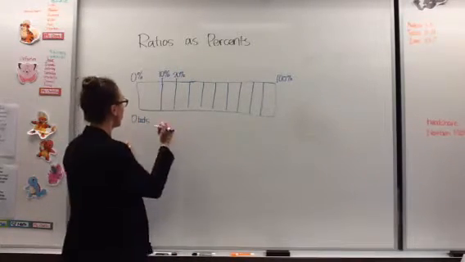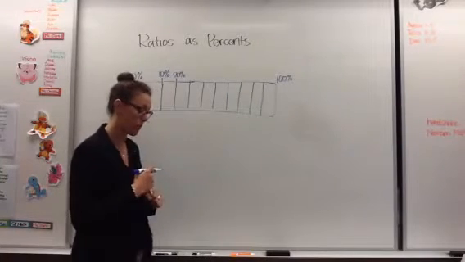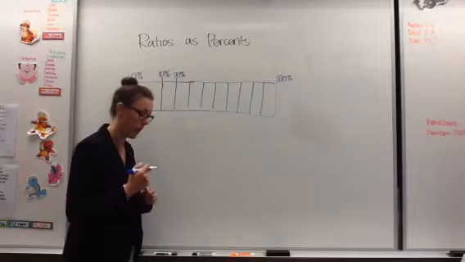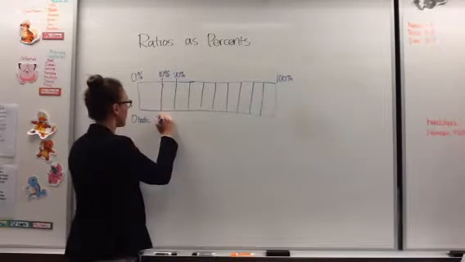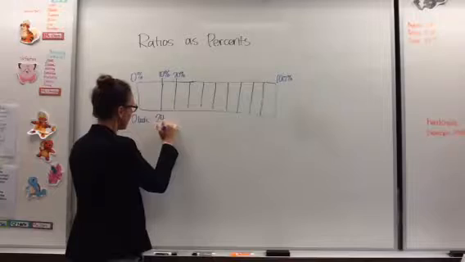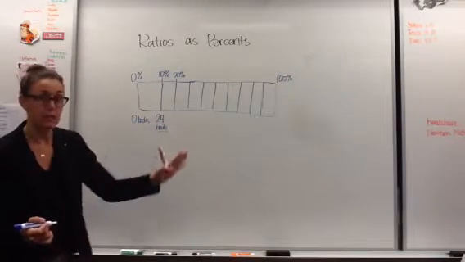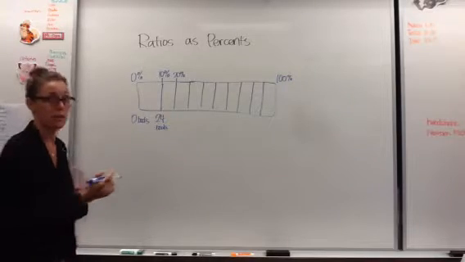I also know that 10% of my books are science fiction, and there are 24 science fiction books. So I know that I could skip count all the way up to 100.